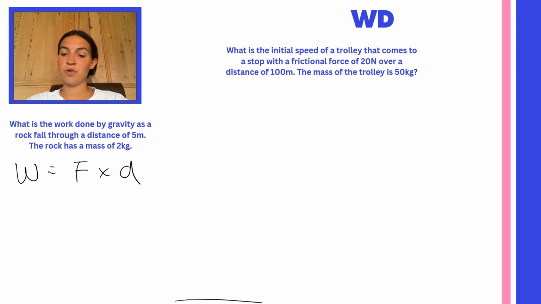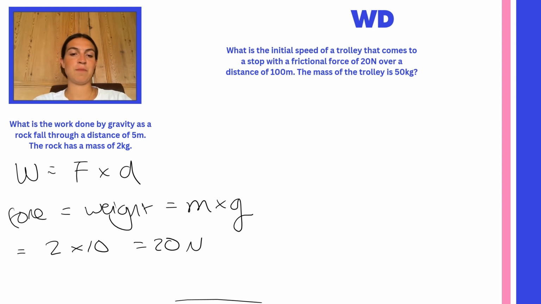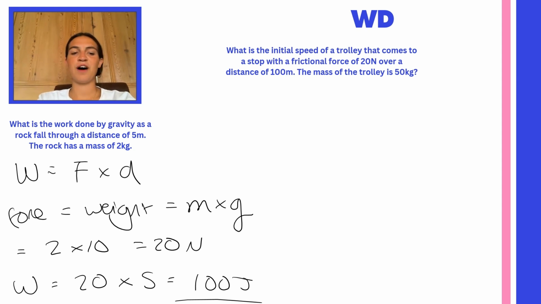And that is, of course, the weight of my rock, which is its mass multiplied by gravitational field strength. So I can work out my force in this question by doing 2, the mass, multiplied by g, 10, is 20 newtons. And then to find the work, I multiply that by the distance. 20 times 5 is 100 joules.